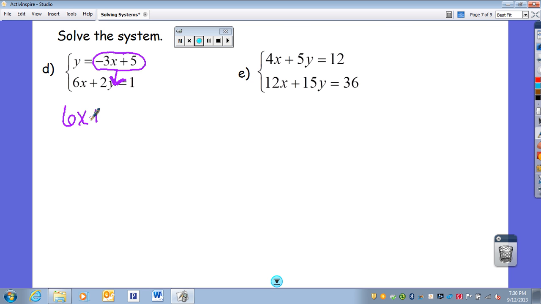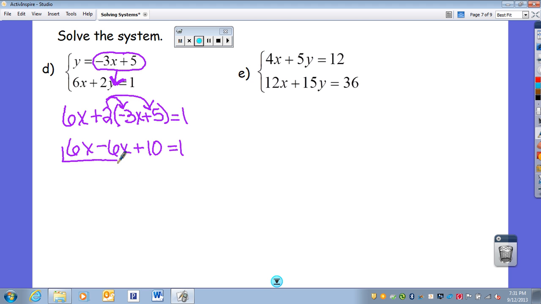So I have 6x plus 2, and I'm going to put parentheses around my expression, negative 3x plus 5, as I substitute in, equals 1. Now I'm going to distribute, and I'm going to take the 2 times the negative 3x and the 2 times the 5. Negative 6x plus 10 is equal to 1.